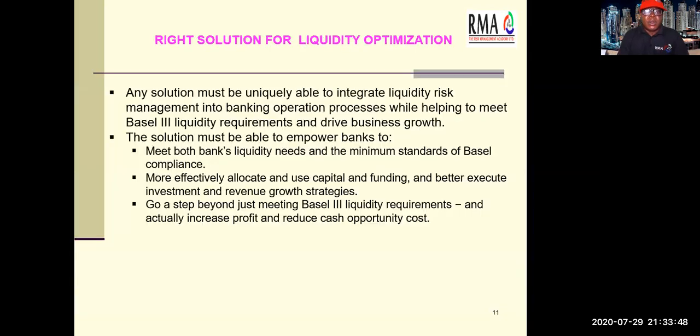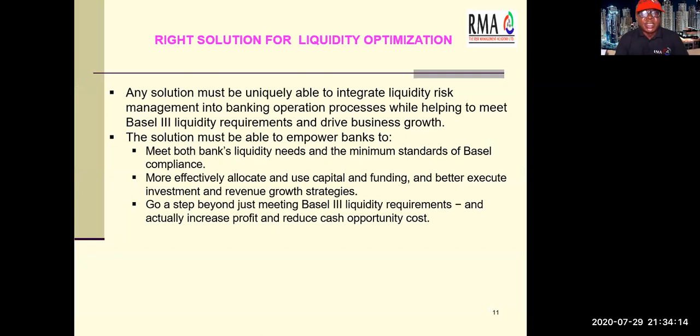To be able to handle all the issues we have discussed requires a solution, a technology platform able to integrate liquidity risk management into the operations of the bank. Because meeting the Basel III liquidity requirements and driving business growth can be quite challenging, but like I said, it's doable.